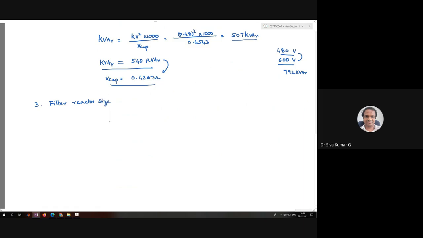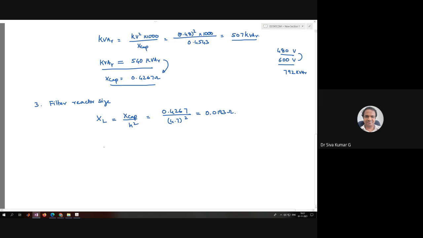After finding X cap, we have to find XL. XL is equal to X cap by H square. So 0.4267 by 4.7 whole square. This way we can do it, and we get 0.0193 ohms.